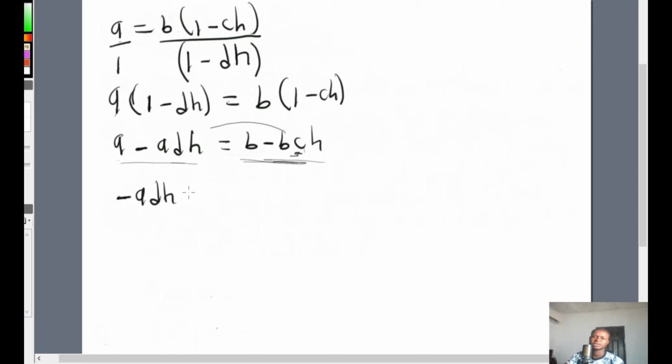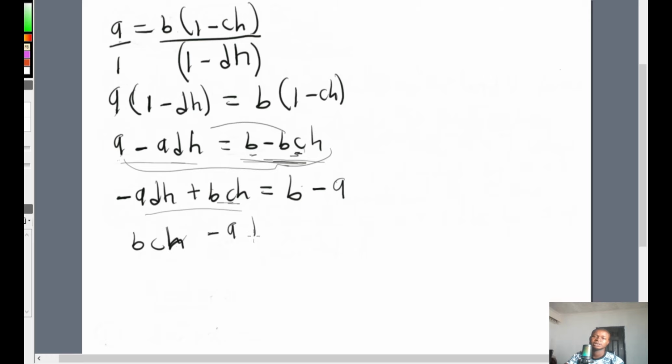When it comes to the other side, because it has minus here, we have plus bch, which is equal to b, which is already here, and this a is going to the other side, so we have minus a. Now we can rearrange this to be bch minus adh, because bch is positive, so it can come first.